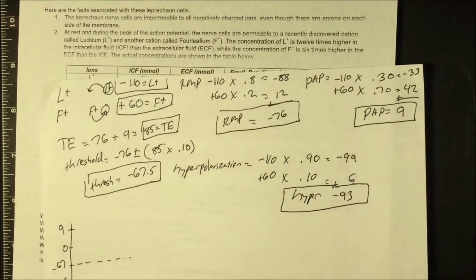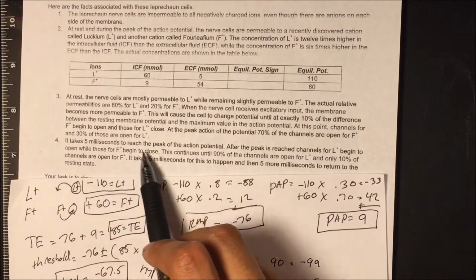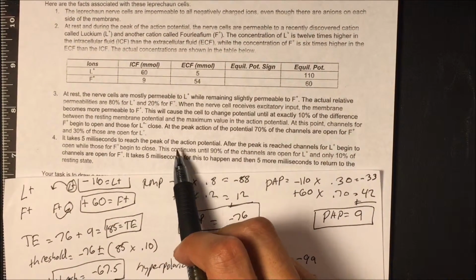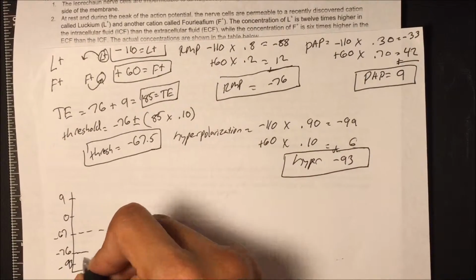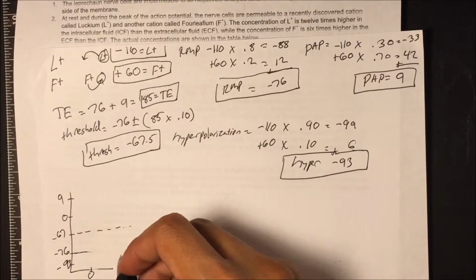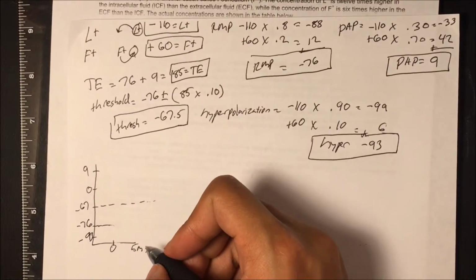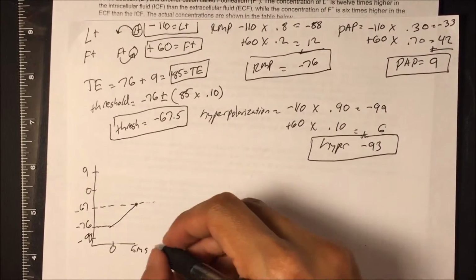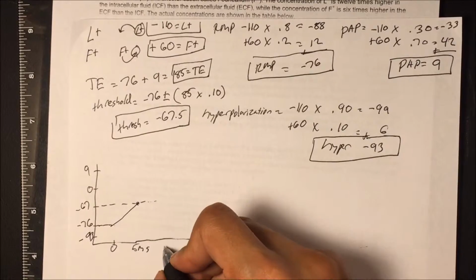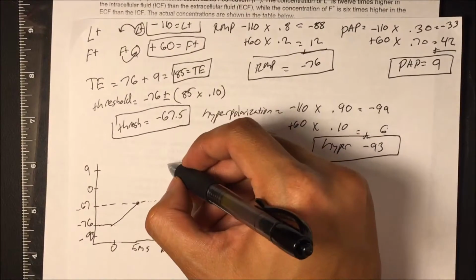So now we just look back at the example. It takes 5 milliseconds to reach the peak of the action potential. So from here, we'll start at 0. It'll take 5 milliseconds to reach the threshold, first of all. And it'll take 5 more milliseconds to reach the peak.